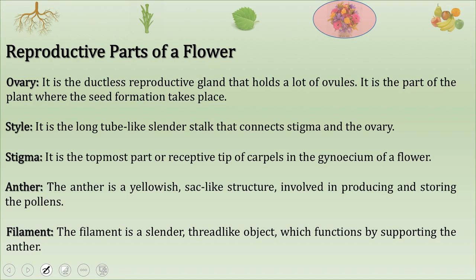Stigma is the topmost part or receptive tip of the carpel in the gynoecium of the flower. Anther is a yellowish sac-like structure involved in producing and storing the pollen. Filament is a slender thread-like object which functions by supporting the anther.